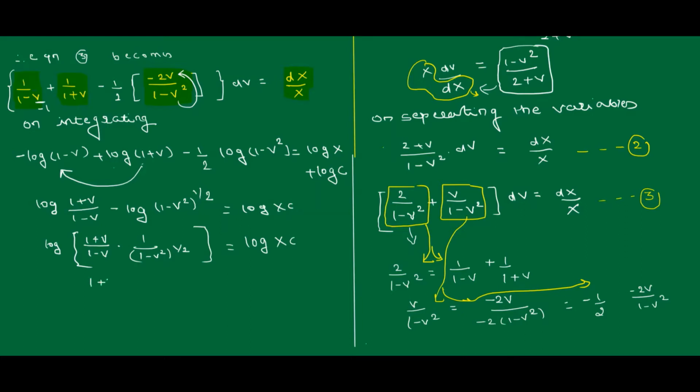Then 1 plus v divided by 1 minus v into this second term, we can also write it as square root of 1 minus v square, and then is equal to x into c. Both the sides log gets cancelled.